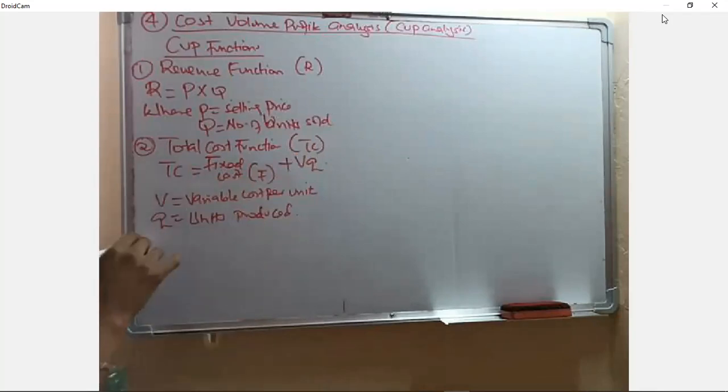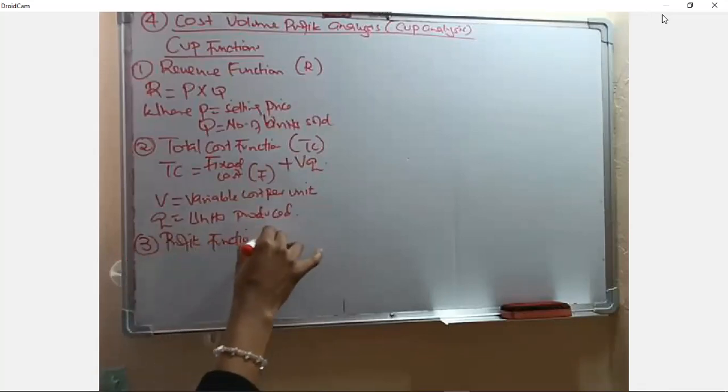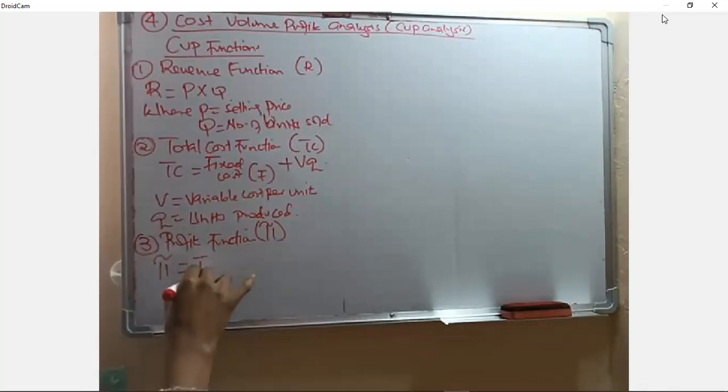Number 3, we have the profit function. How are we going to get the profit? Before, we used to say total revenue minus total cost.